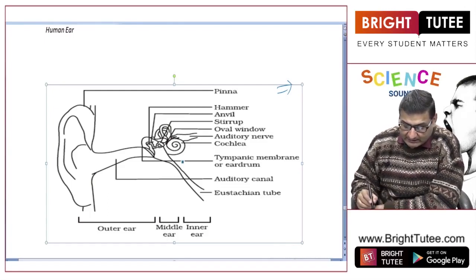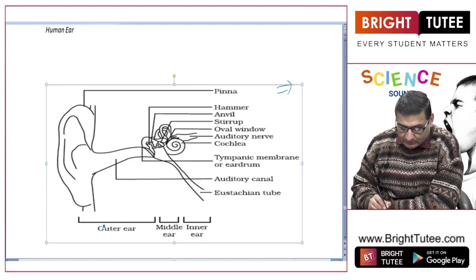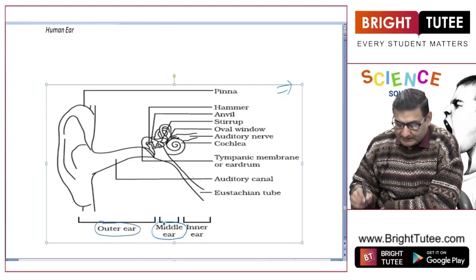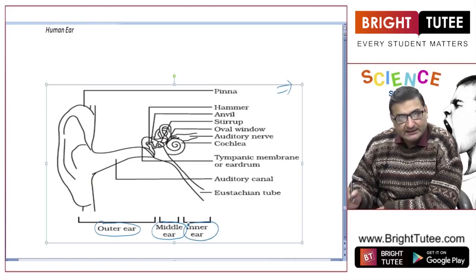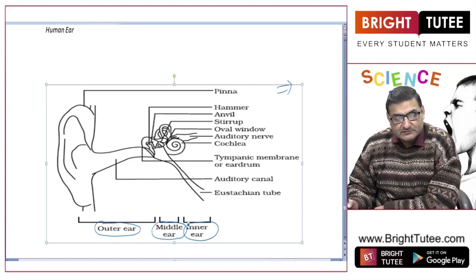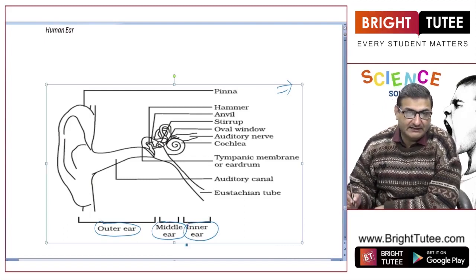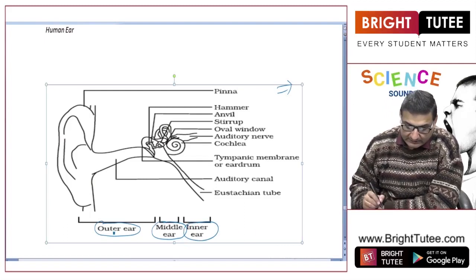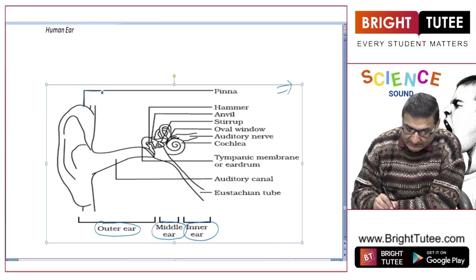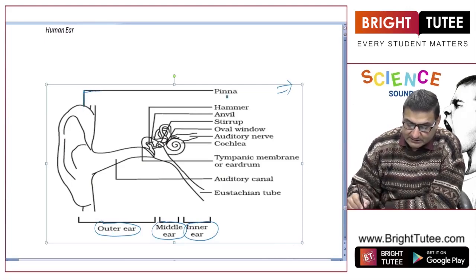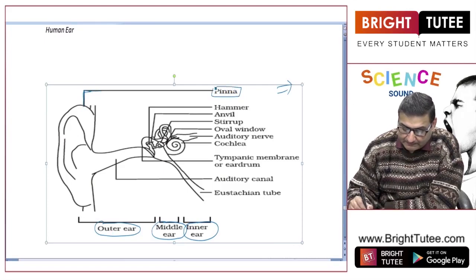Now this human ear is divided first of all into these 3 parts. One is the outer ear, another is the middle ear, and the next one is the inner ear. So first of all, try to relate what exactly these 3 parts are further divided into. The outer ear is divided into this outer flap like structure which is known as pinna.